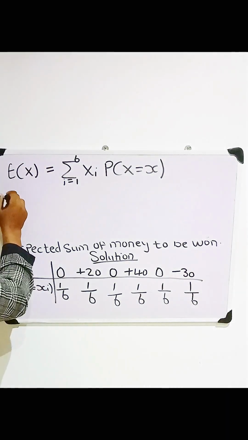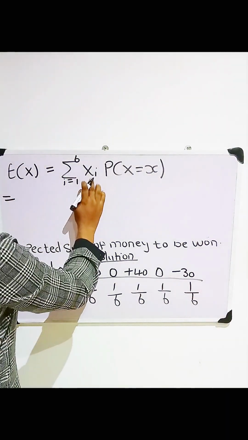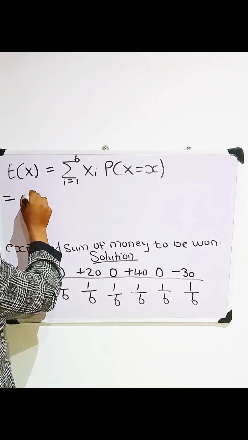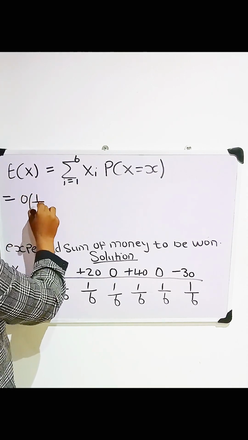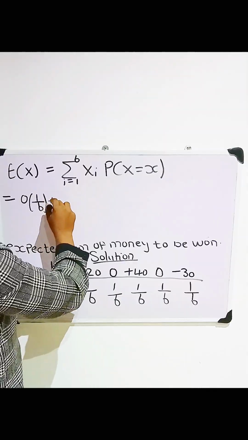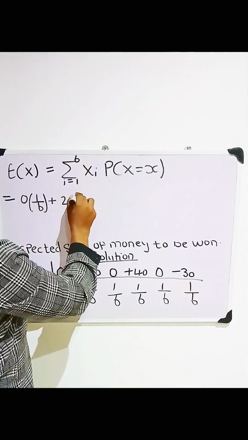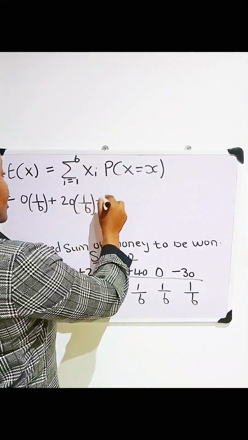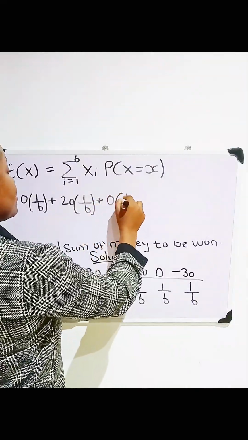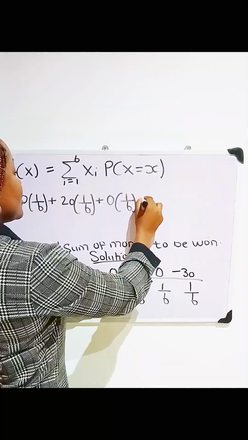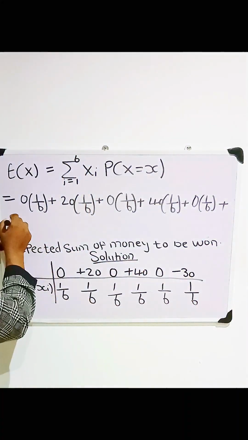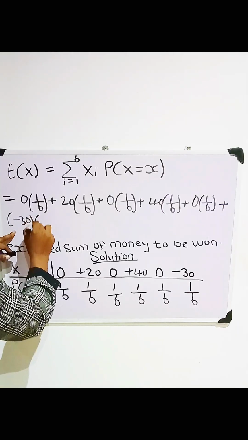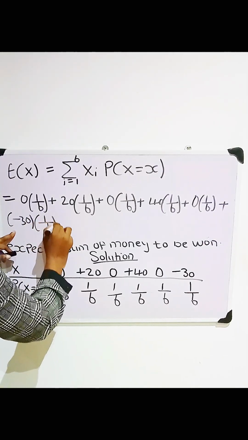So at this point, we'll pick the first random variable times the probability. The first one here is 0 times the probability, which is 1 all over 6, plus the second one is 20 times the probability, which is 1 all over 6, plus 0 times 1 all over 6, plus another 40 times 1 all over 6, plus 0, plus minus 30 times the probability, which is 1 all over 6.